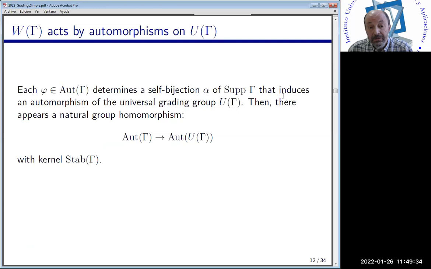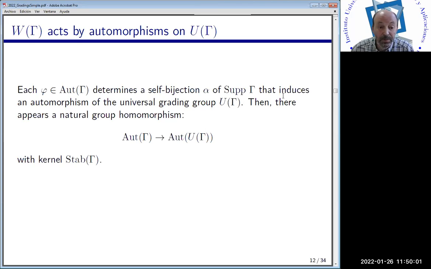And actually, what happens is that any self-equivalence of a grading permutes the homogeneous components, and therefore permutes the elements of the support. The elements of the support generate the universal group. So any automorphism of the grading induces an automorphism of the universal grading group with kernel the stabilizer.